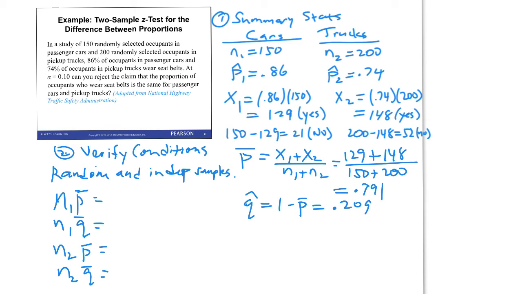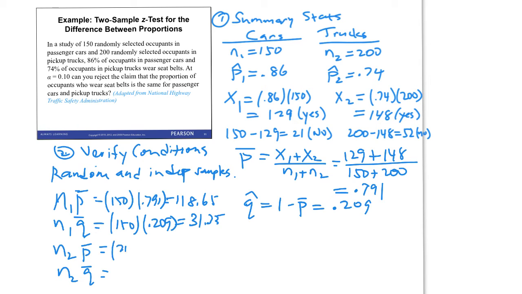All right, so if we work that out, 150 times 0.791, that's 118.65. 150 times 0.209, that's 31.35. 200 times 0.209, that is 158.2.